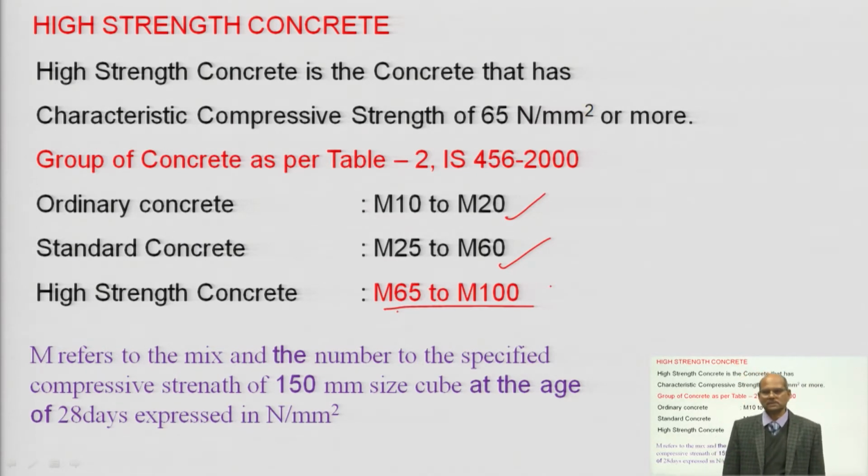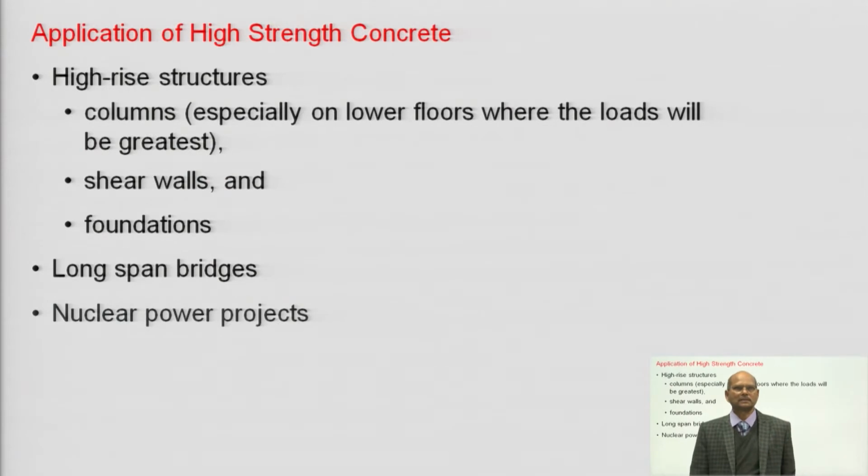So this is the specification of IS 456. If you refer to other countries, they define high strength concrete in a different way. They depend on the country, their codal provisions differ, but we say if the characteristic strength of concrete is between 65 to 100, we can say it is high strength concrete.